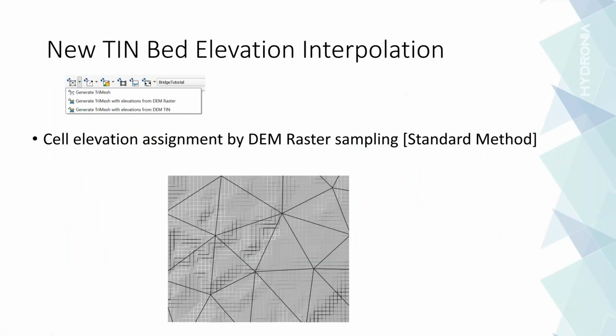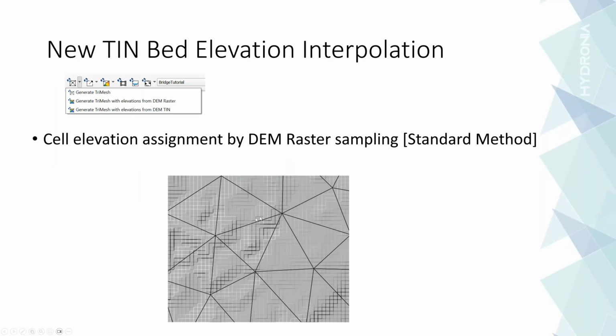Well, this is the weirs. We have introduced a new triangular irregular network interpolation. This was a long request from some of our users, because in the past the only available interpolation method was the sampling, which actually is not an interpolation.